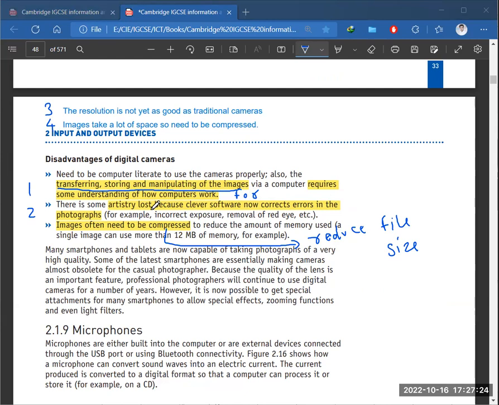But the software will fix something which it thinks is an error, and that will eventually ruin the image, because computers are not actually clever. Sometimes they think something is an error and correct it. Fine.